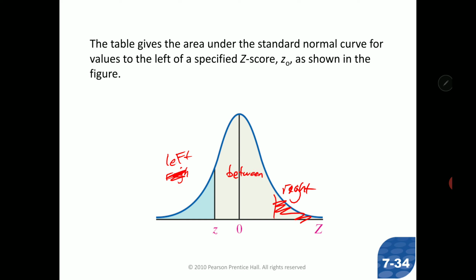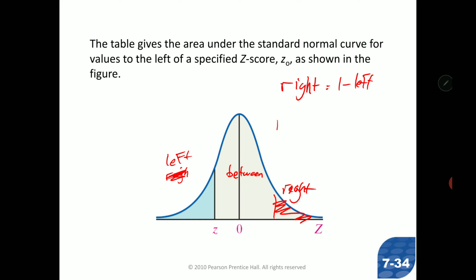We're going to have 3 different ways to do this in R. It's not going to be a big deal. Basically, right is always 1 minus the left. And that's pretty much what we're going to put in R anyway. It's just 1 minus the left.